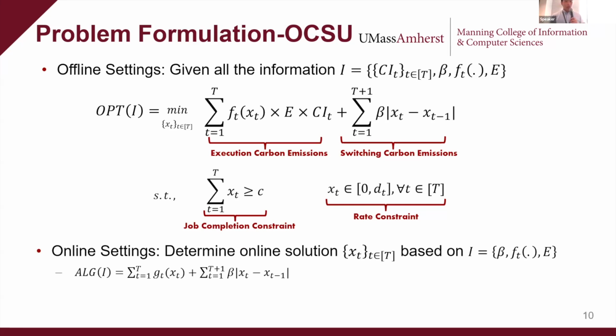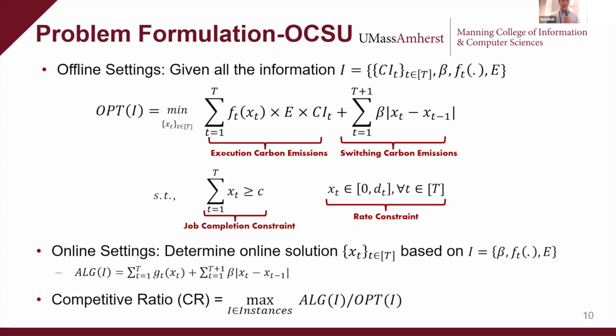And so we can basically aggregate the execution carbon emission portion as a convex cost function gt, plus the switching carbon emissions cost. And the main metric that we'll be considering here is the competitive ratio, which is the maximum over all possible instances of the cost of an online algorithm divided by an offline optimal, which knows all the information in advance.